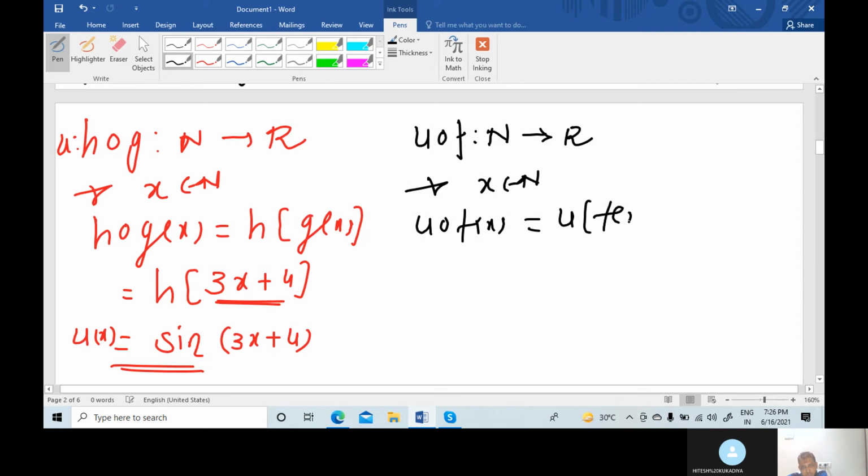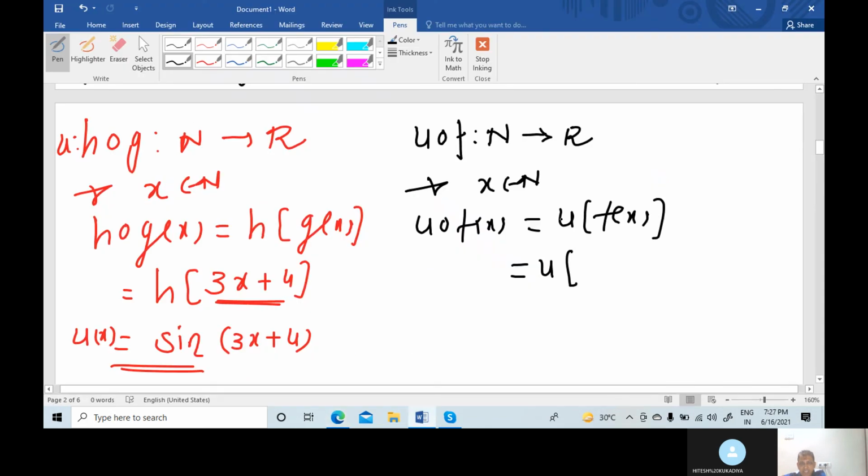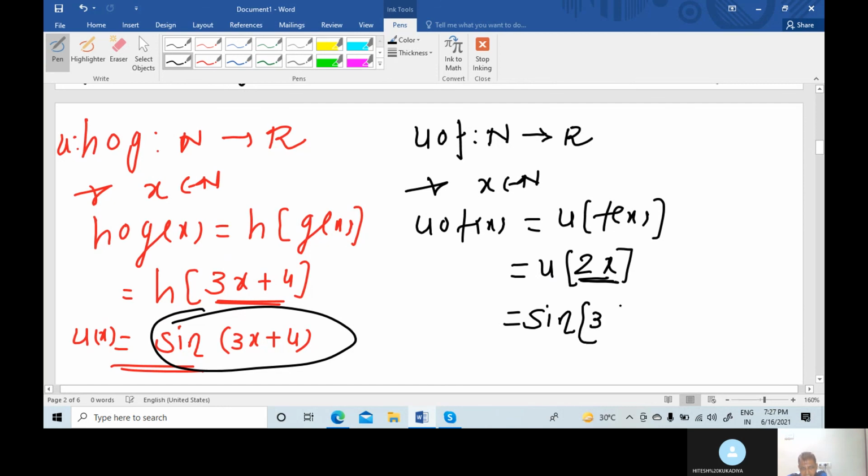What is f(x)? Look at your question: 2x. For the function u, which is sin(3x + 4), sine as it is, 3 as it is, in place of x we write 2x. So our final answer is sin(6x + 4), since 3 times 2x is 6x.